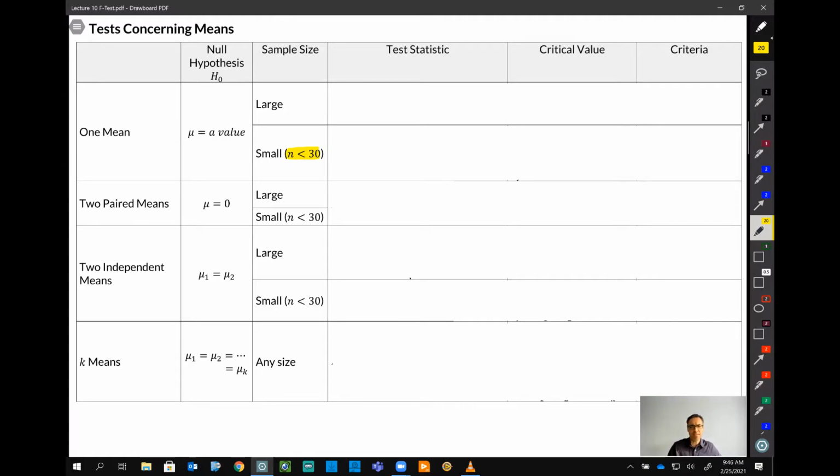And this number 30 is not just an arbitrary number. They plot, for example, the t-distribution or other distribution, and they realize when you get to more than 30, your distribution becomes closer to a normal distribution. And anyway, that's the job of the statistician and mathematician. We leave it to them, and we follow their rules at what they say.